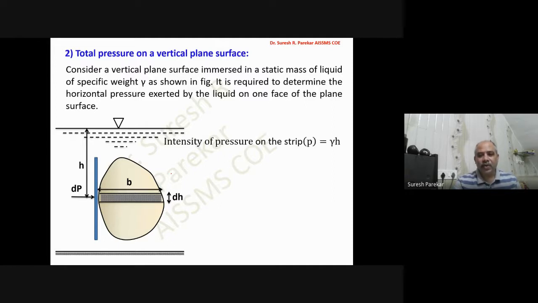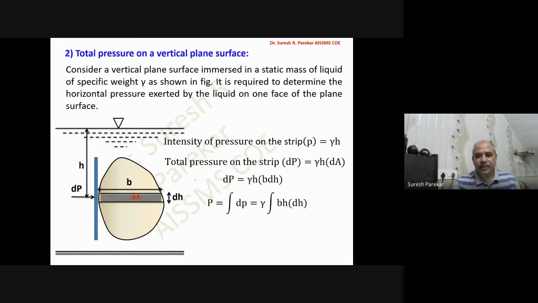So the intensity of pressure on this area is gamma into h, and then the total pressure on this, dP, is equal to intensity of pressure into area. Now the area of this, dA, is B into dh. So we will put dA as B into dh, and we get dP equal to gamma h into b dh.